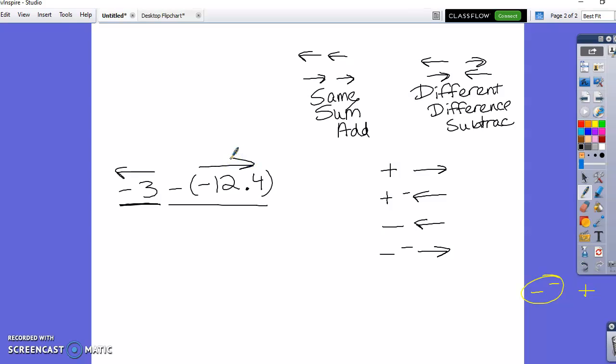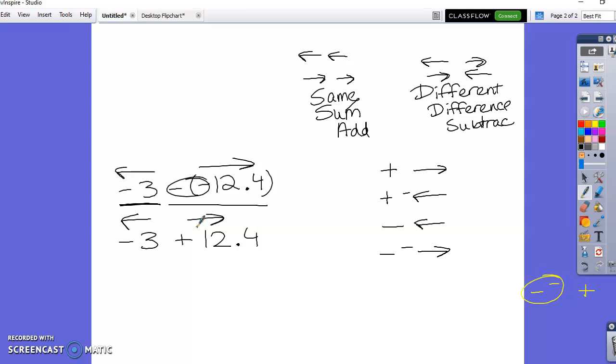So, some of you like to change it to look like this. Perfectly fine. You're going to notice that the arrows are still going to stay the same. But when you go to solve it, it's different, difference, subtract. Okay?